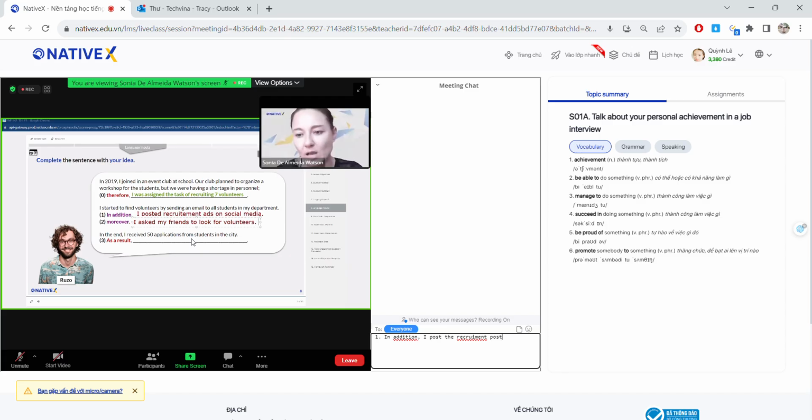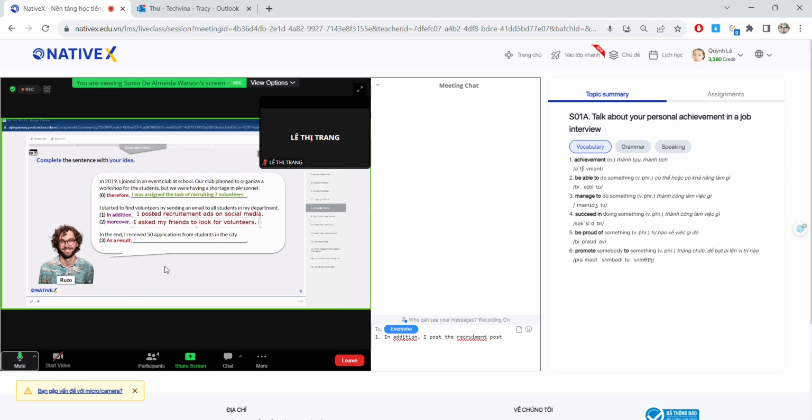Good sentence as well. Koen, let's do the next one. In the end, I received 15 applications from students in the city. As a result, I chose 7 excellent volunteers for our club.